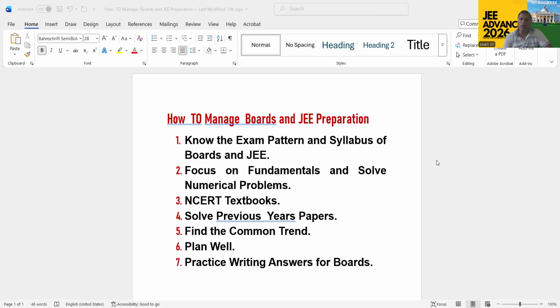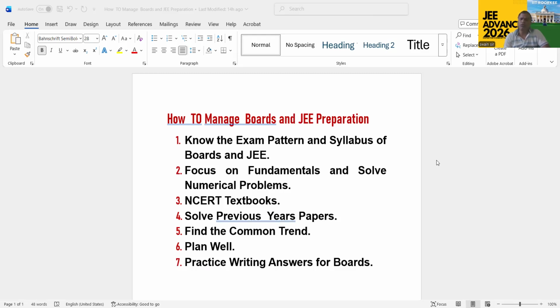Most students cannot complete their syllabus in time, and leave some chapters. Psychologically, it pressurizes them: I am not completing this chapter, what happens in 12? What happens in my JEE? It is most important.